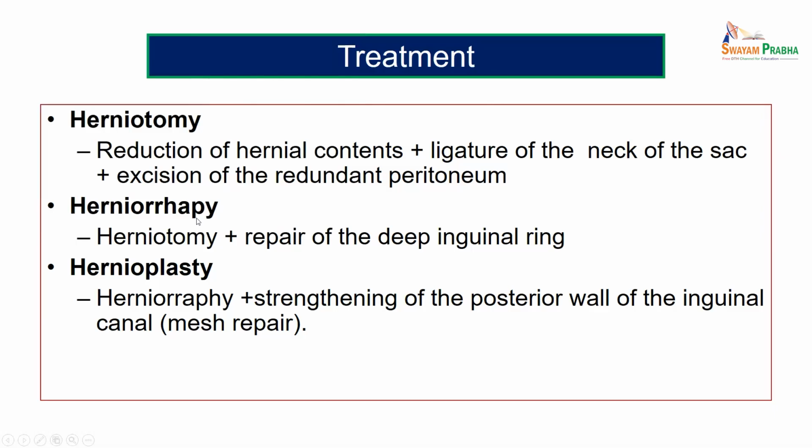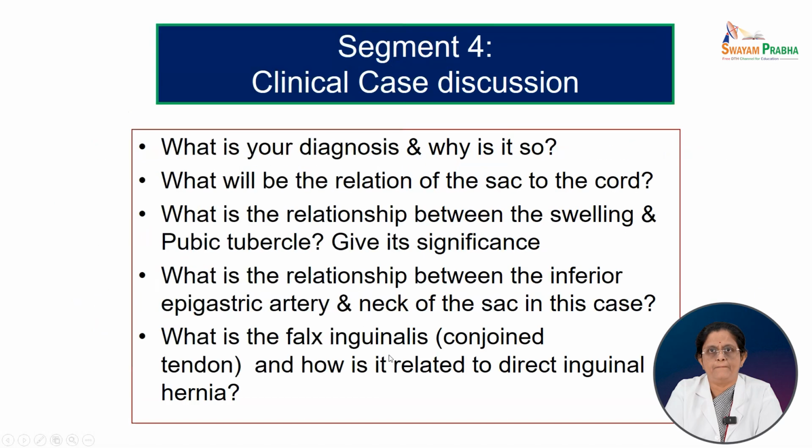That is called herniorrhaphy. One more is the mesh repair of the posterior wall of the inguinal canal, that is called hernioplasty, where you do a herniorrhaphy plus strengthen the posterior wall of the inguinal canal by using a mesh. These are the treatments for inguinal hernia.